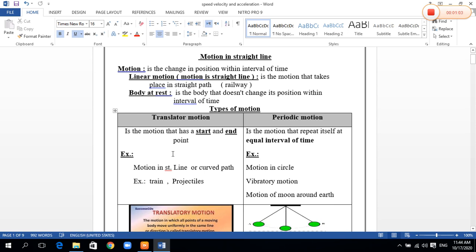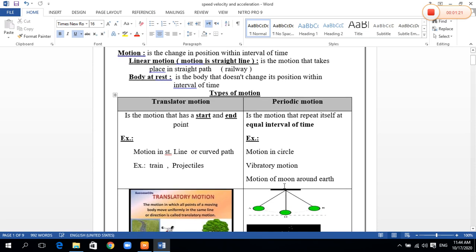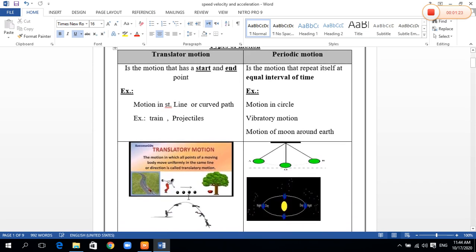Examples of translatory motion are motion in a straight line or a curved path, like a train or projectiles. Examples of periodic motion are motion in a circle, vibration motion, or the motion of the moon around the earth. Now we have some pictures to illustrate the types of motion.